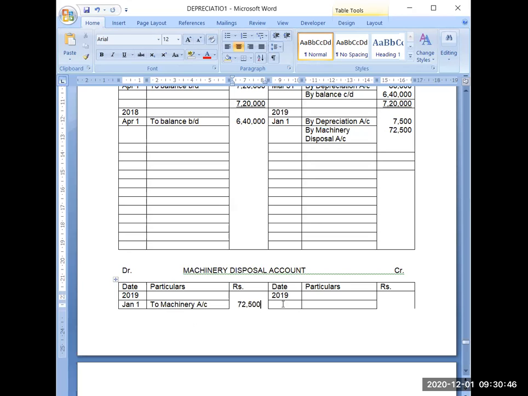Now here we will do all the journal entries relating to the sale of the machinery because we have sold out this machinery. So on January 1, we will record the entry here by bank account. And we have sold it out for 44,000.